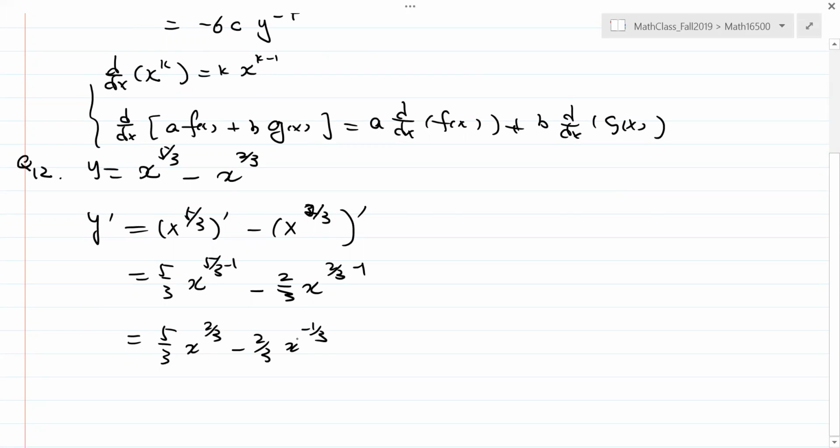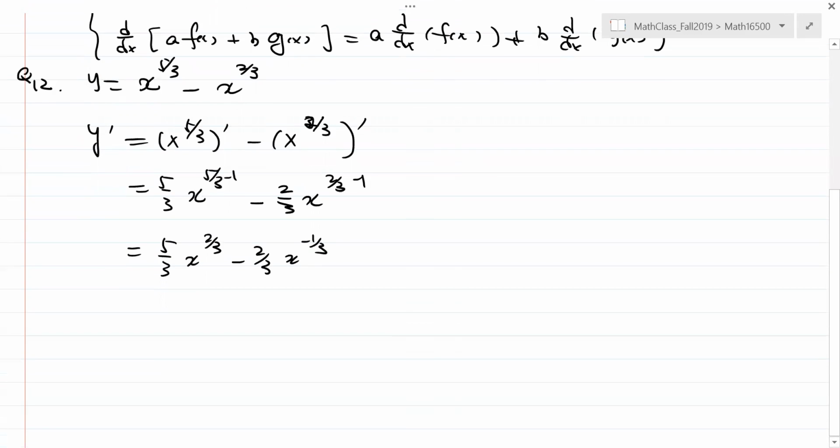Okay. Now, what's the meaning of the derivative? We already talked about it before. It's a limit of some ratio. The meaning of the derivative is a rate of change in the y variable. So that's called the rate of change, right? If y depends on x, y prime means the rate of change in the y variable with respect to x.